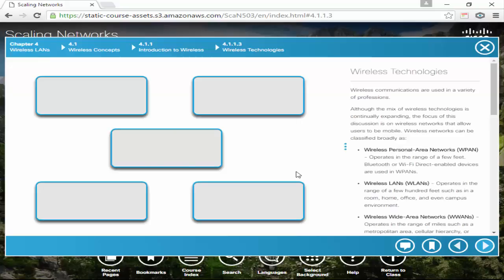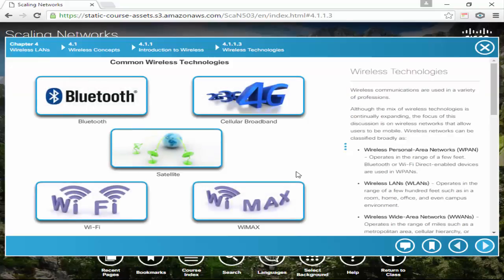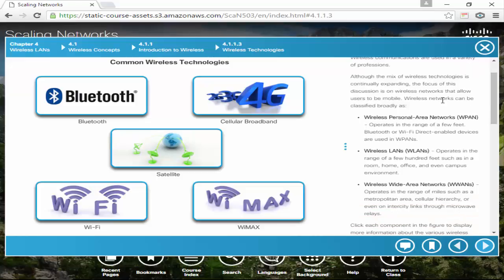Alright, so just as with LANs, we have different types of wireless networks. We have Bluetooth, which we talked about before, that it's a PAN, but actually it's a wireless PAN. WPAN operates in the range of a few feet. Wireless LAN operates in the range of a few hundred feet, such as in a room, home, office, or even a campus environment.